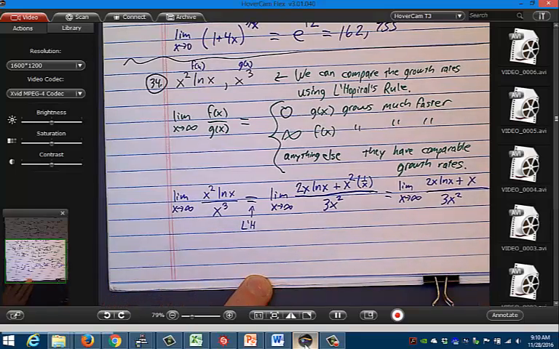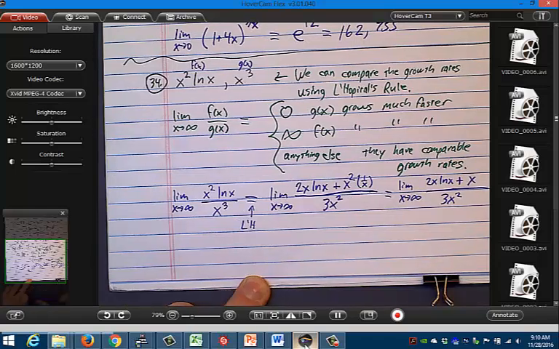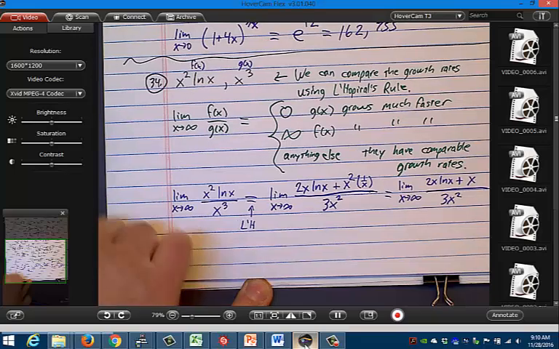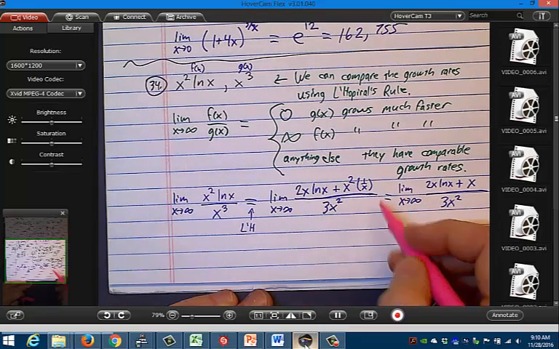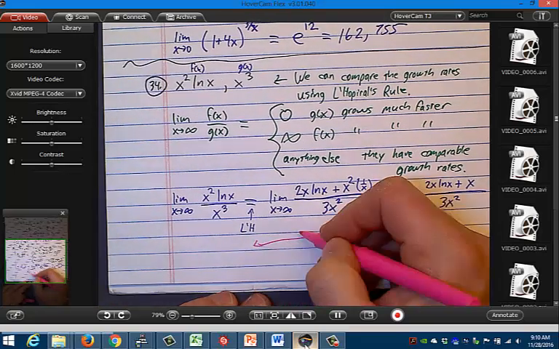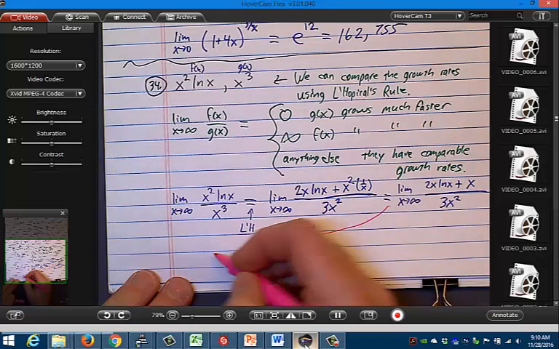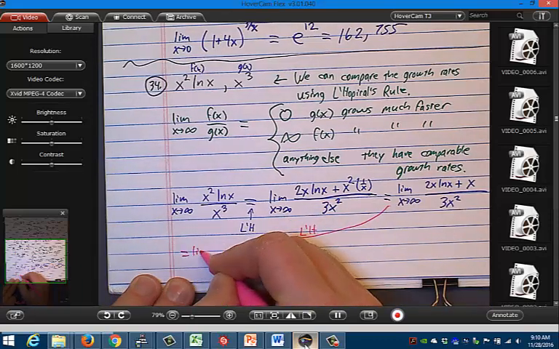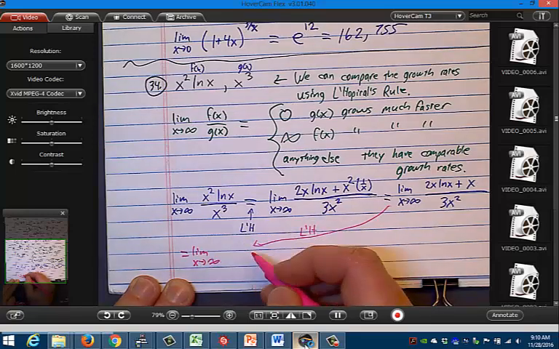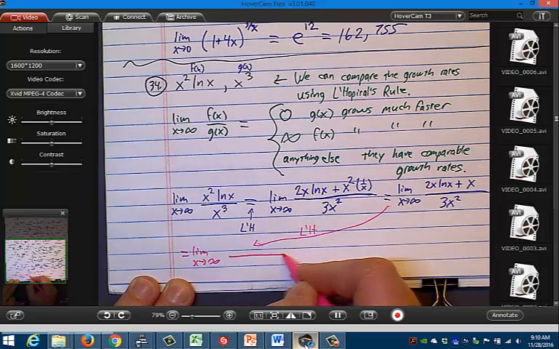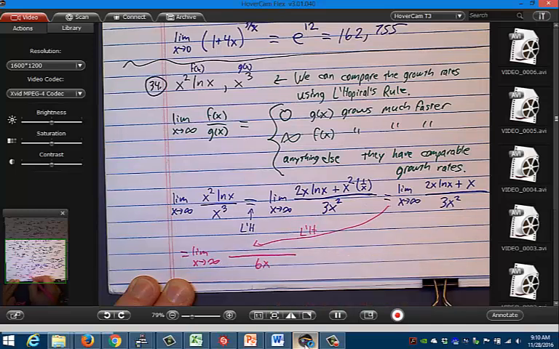So I'm going to apply L'Hopital again. Applying L'Hopital again, I get this equals the limit as x approaches infinity of, the denominator is 6x. Now the numerator, I have some work to do.